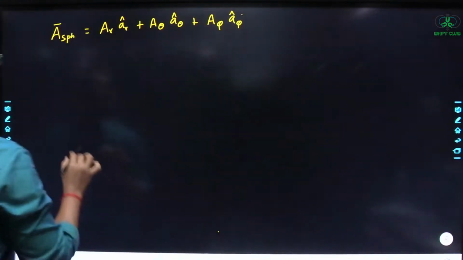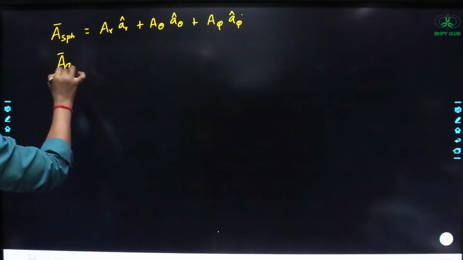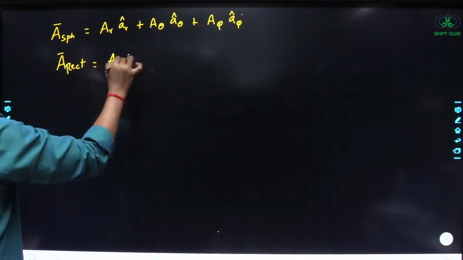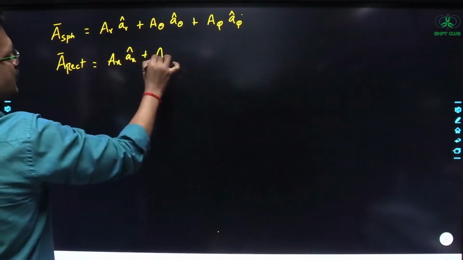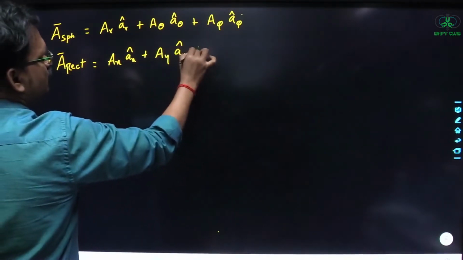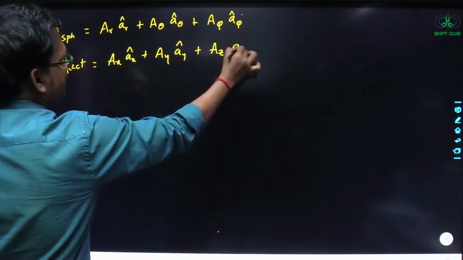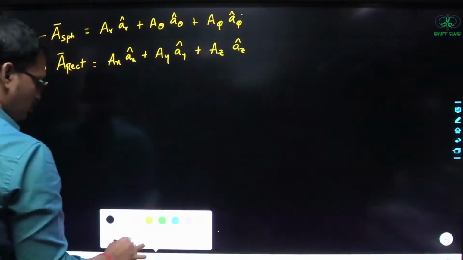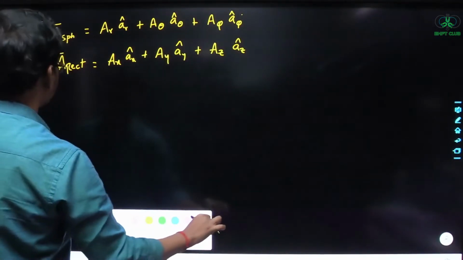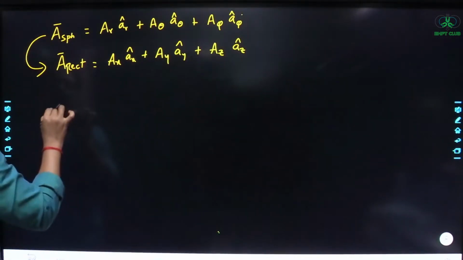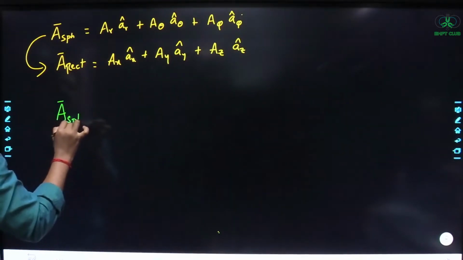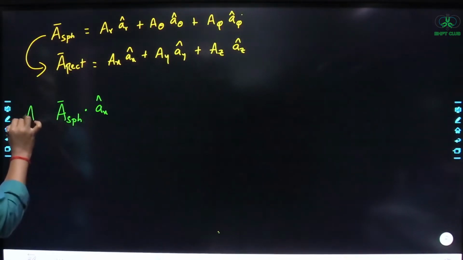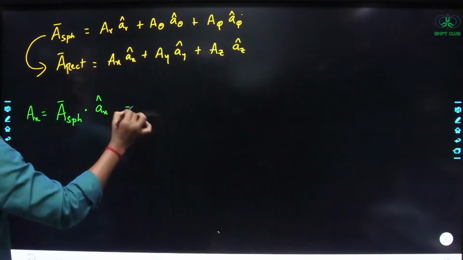If you want to convert this into rectangular, that is AX cap plus AY cap plus AZ cap. How can we do that? A spherical dot AX cap is going to give you AX.